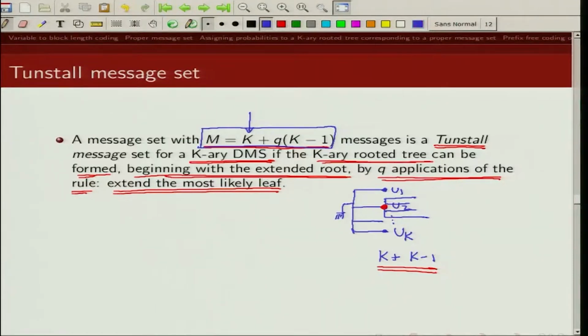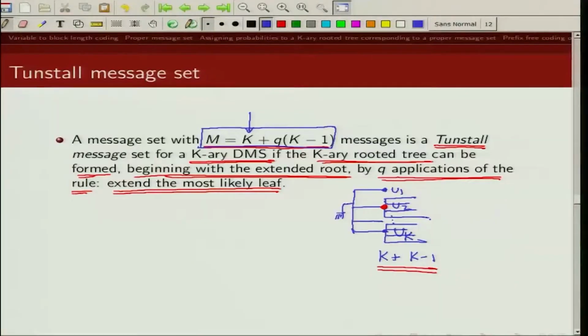Now again, if I extend any node, I will again be creating K new leaves, but one of the leaves which was earlier a leaf is now a node. So each time, except the first time when I extend from the root, I am adding K minus 1 leaves. So if I try to design a proper message set, remember a proper message set will use all its leaves.